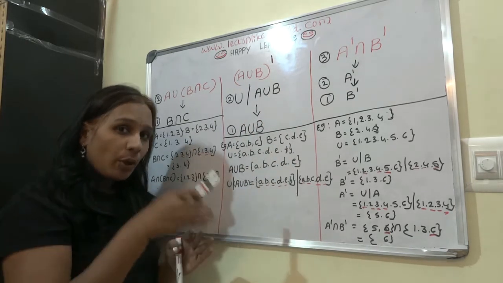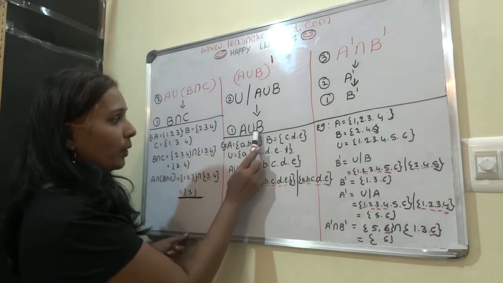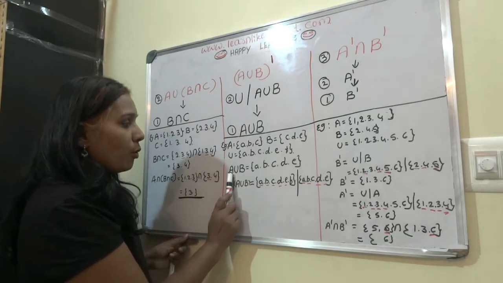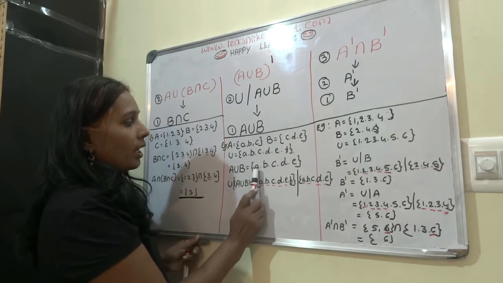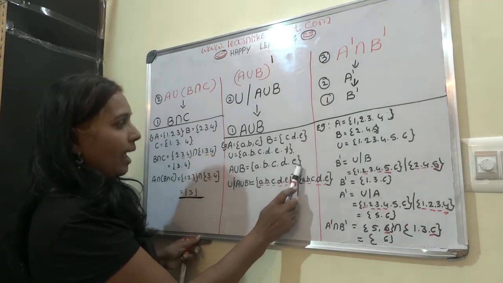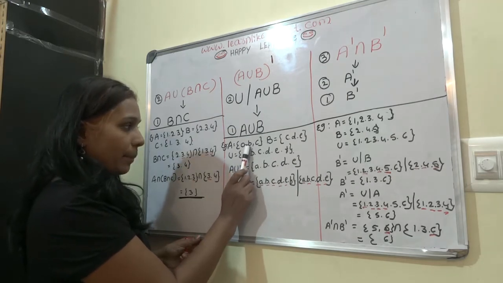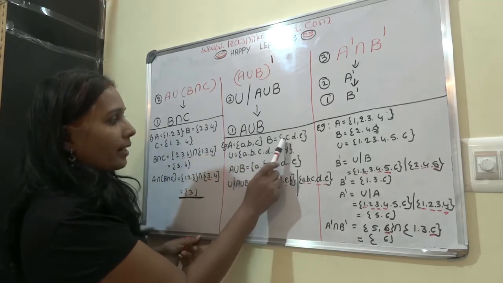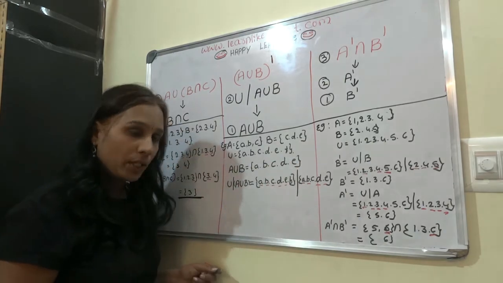So here you have to start from the inner part, that is A union B. Now if you perform union between A and B, you will get A, B, C, D, E as the answer, because you will take A, B, C from set A and C, D, E from the second set. It will be their union.